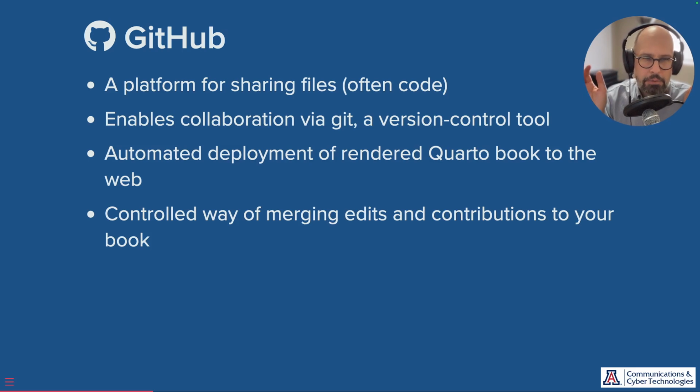And so that way, if anybody wants to make changes, they have to email you, you have to make the changes yourself, and then you have to print the new PDF and then send that to everybody in the lab or put it on the shared network drive or whatever, right? So it's a lot of work on your part. So GitHub is going to offer us something in between where you can manage who has access to make changes and who doesn't, and you can have an opportunity to give feedback on those changes before they become permanent.